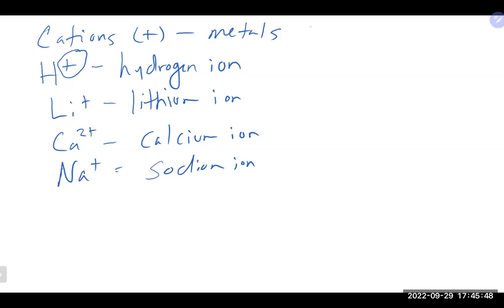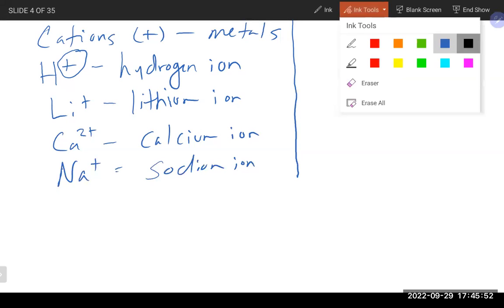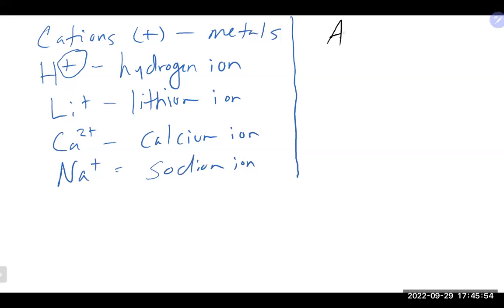Now, anions are a little bit different in terms of how we go about naming those that are negatively charged. Anions, which have a negative charge, usually are nonmetals, and they actually get the last part of their name dropped, and we replace it with IDE.